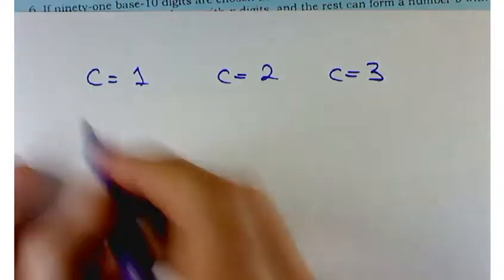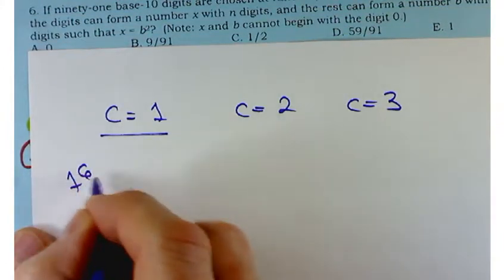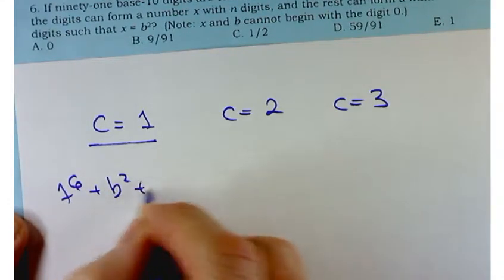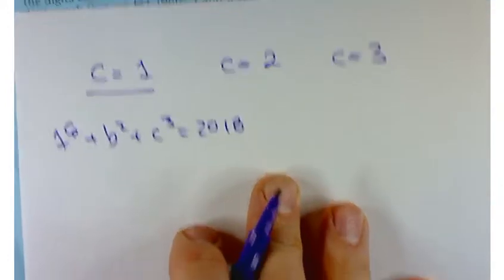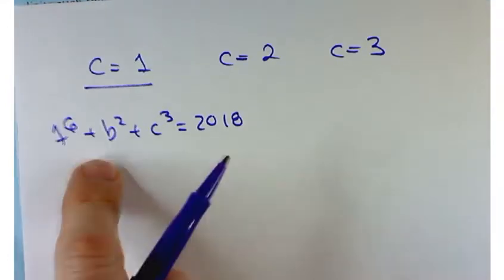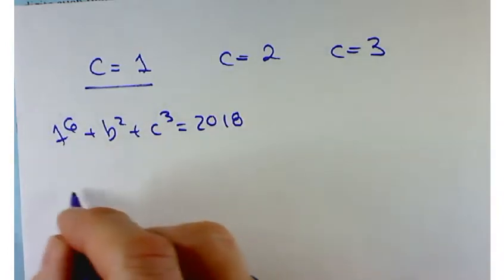Now, let's assume that A equals 1 in this equation, so that I have 1 to the 6th plus B squared plus C cubed equals 2018. What I want to do is solve this for one of the remaining 2 unknowns. So I'm going to solve for B by moving everything to the other side.